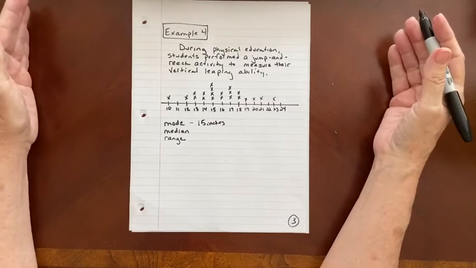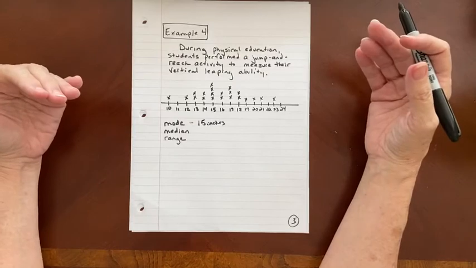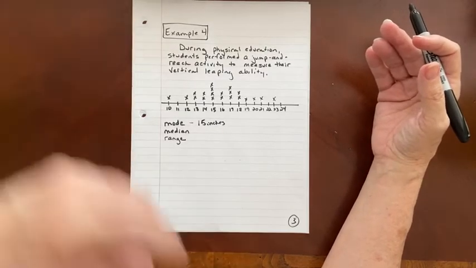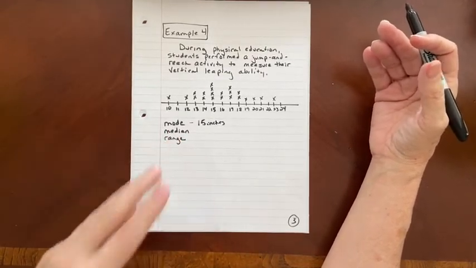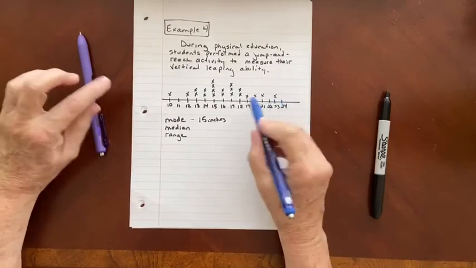The median is the number in the middle, like the median of a highway is in the middle of I-95 or I-4. There's a big median there. Well, the median is the number in the middle. We count inward.